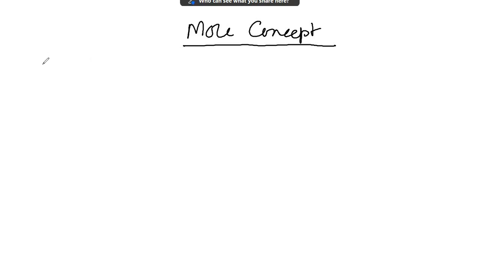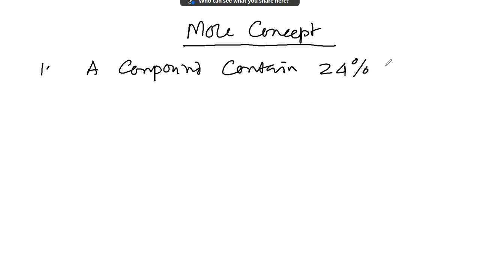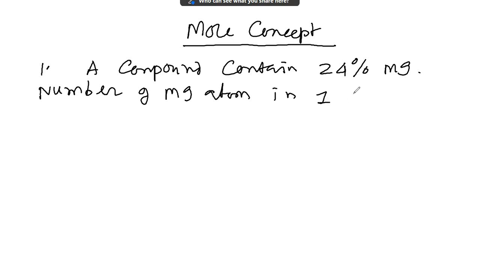The first question is given: a compound contains 24% magnesium. The question is the number of magnesium atoms in 1 gram of the compound.